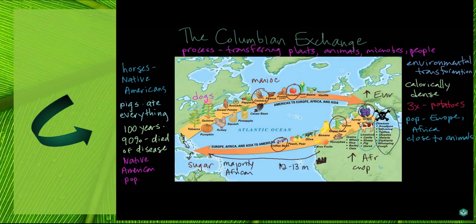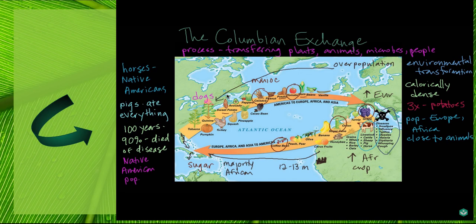Likewise, this population explosion in Europe led to worries about overpopulation in the 1600s and 1700s. And what did the nations of Europe do? They began sending people over to the colonies.